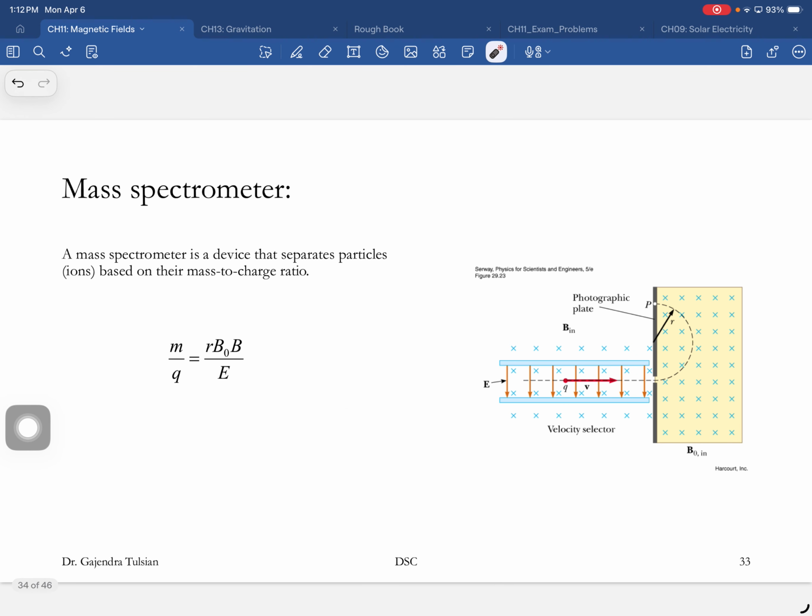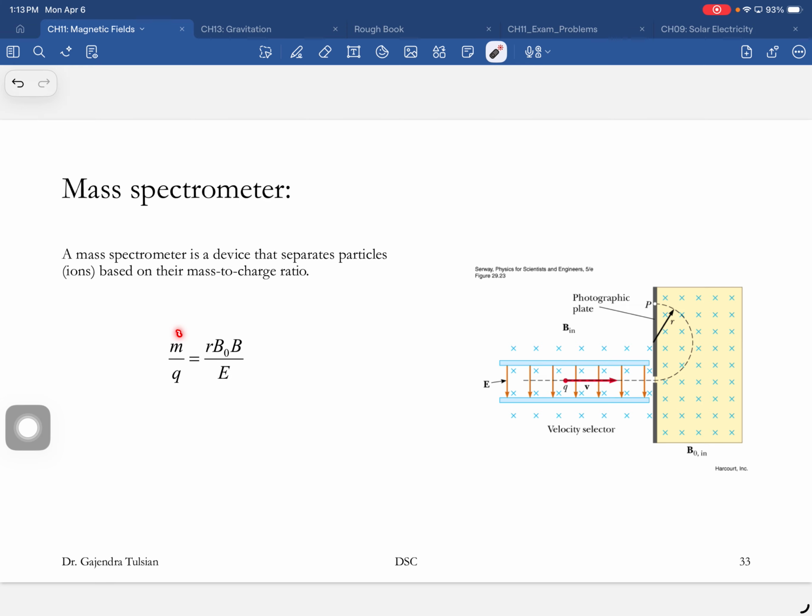Then you pass it through a region where you know the magnetic field, and this magnetic field will make it go in a semicircle. The heavier the particle, the bigger the circle. So to get the mass of the particle, you just measure the radius of the path. And that's how they weigh all of those guys.